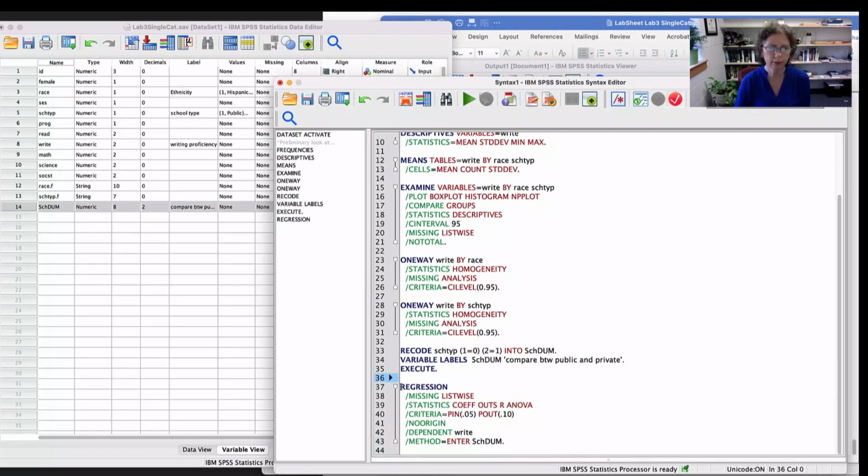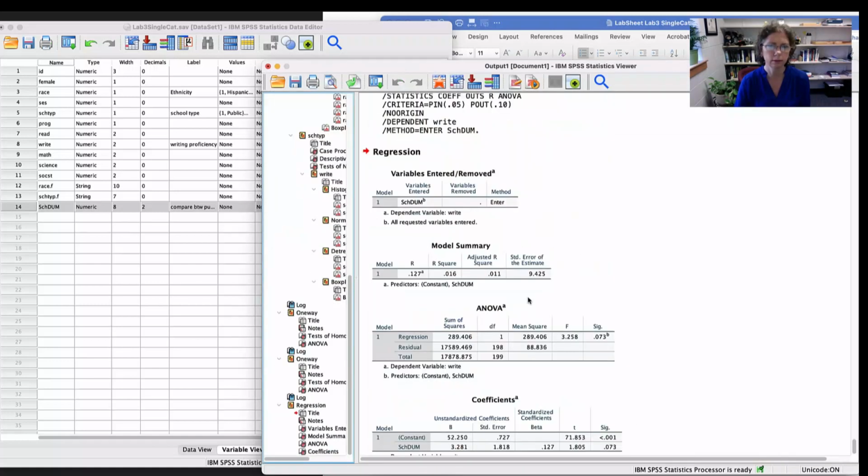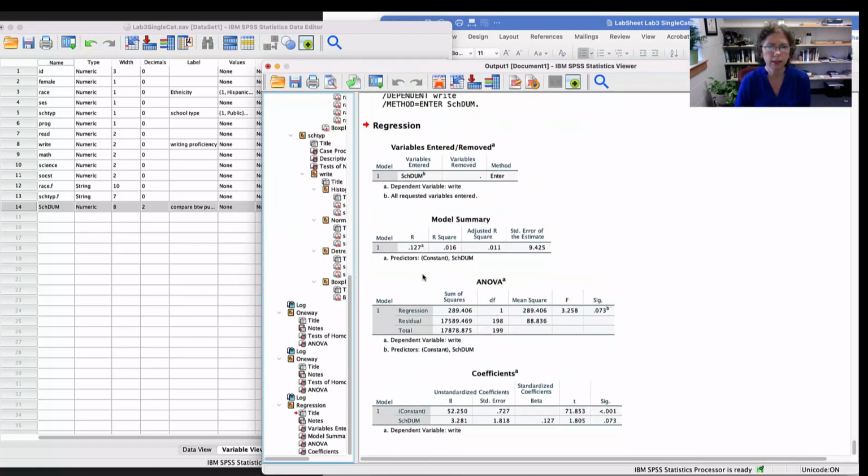So here we have the regression. We can see that school dumb is the independent variable, the dependent variable is write. We can run this. And here is the same information we were getting in R in the console. We have it here in these tables in our output.